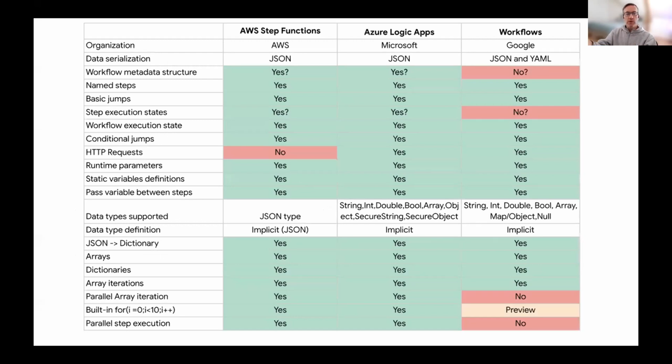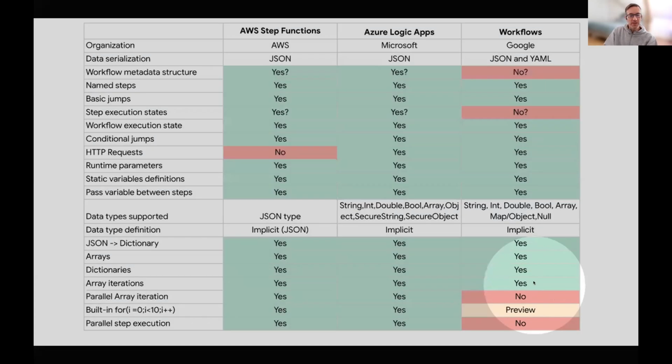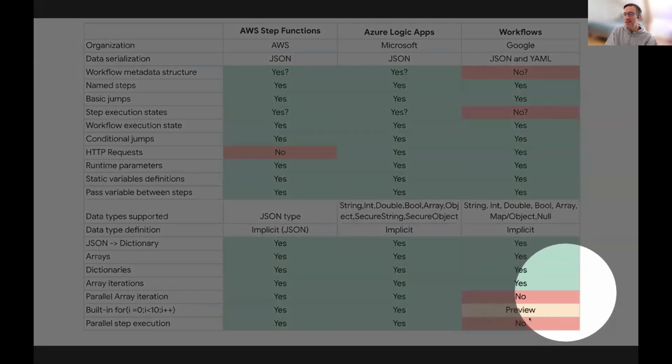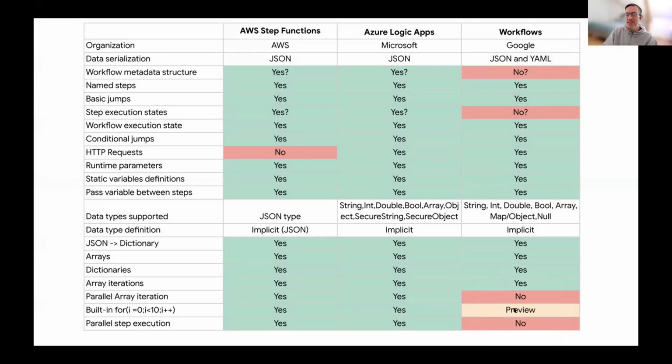I'm not going to go into each line and column, but we did a little study of the cloud providers and their main orchestration product. Both have more or less the same coverage in terms of features. And for example, in the last column here, there's a bit more red in the Google Cloud Workflows, but those ones are features that are currently being worked on, so they'll be turning green soon.